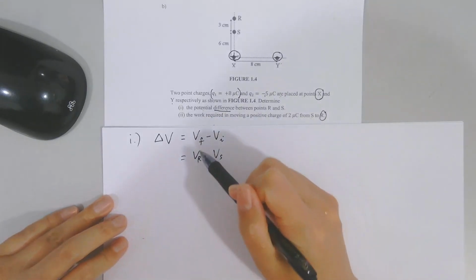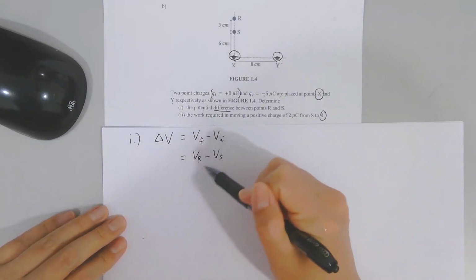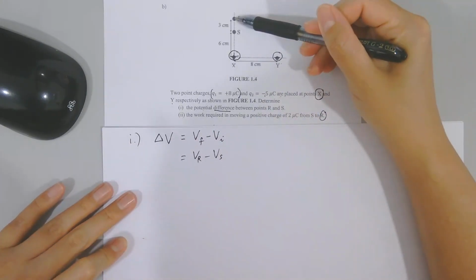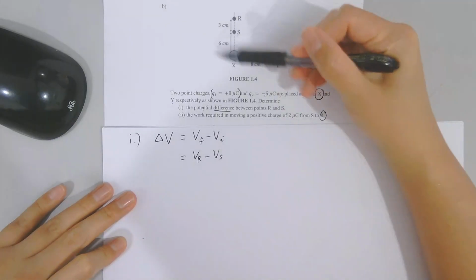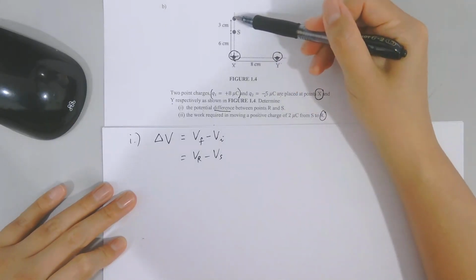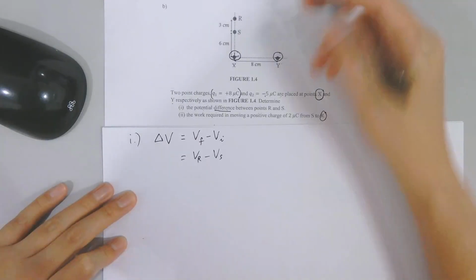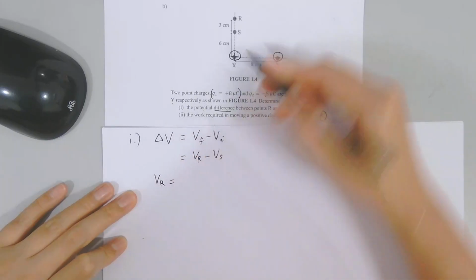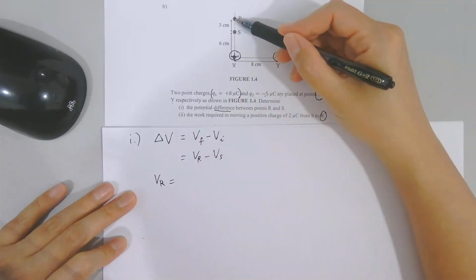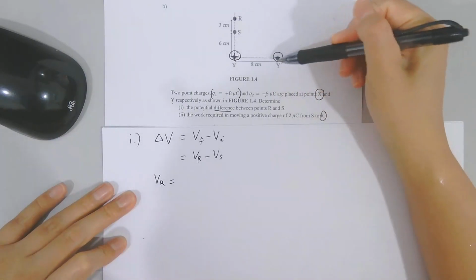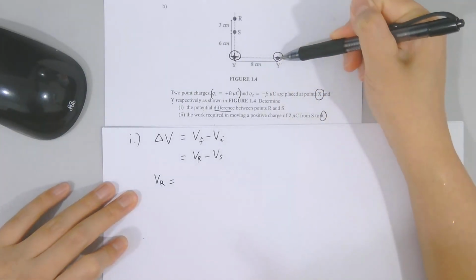But the problem is how we are going to find VR. Remember, in the electric field, at any point in the electric field, there is actually a certain value for the electric potential, right? For this point, for example VR, the electric potential is actually influenced not only by this point charge, it is also influenced by this one, right?